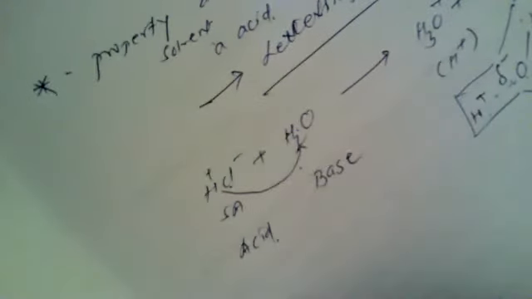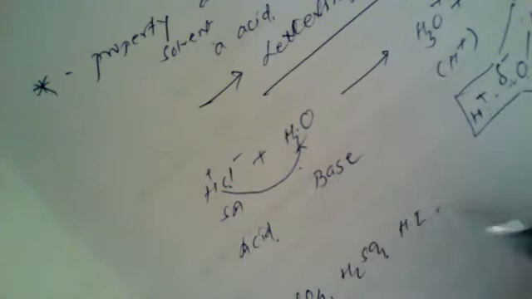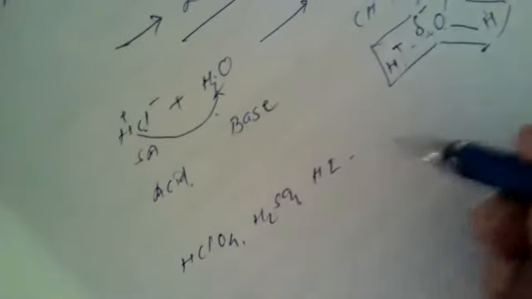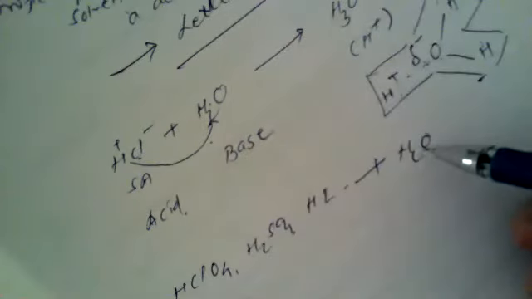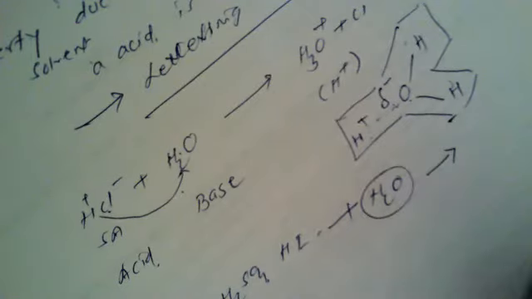If we take another example, HClO4 or H2SO4 or HI, the reaction of either of these acids is basically strong. When they react with water, the strength is decided by the solvent.